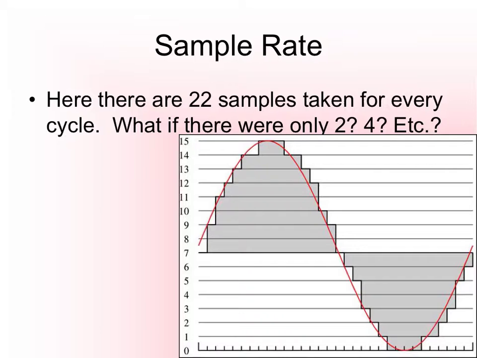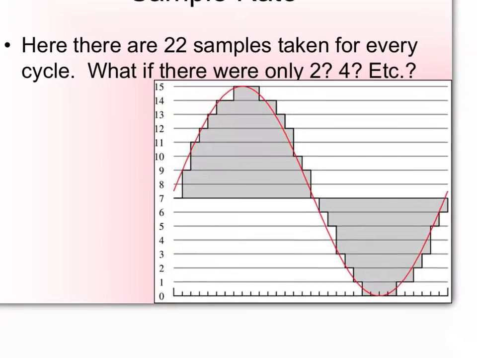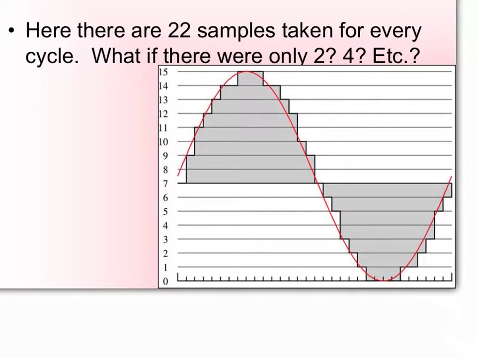Okay, so let's take a look at this sample here. In this case there are 22 samples taken for every cycle. So you have 1, 2, 3, 4, 5, 6, 7, 8, 9, 10, 11-ish.